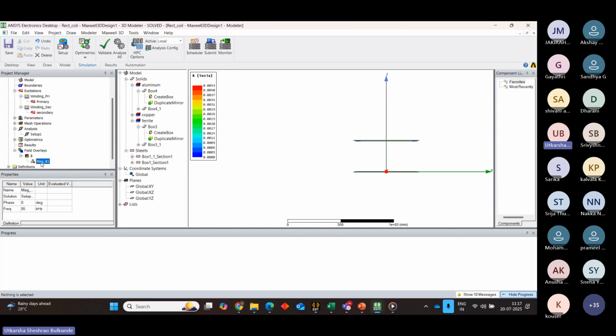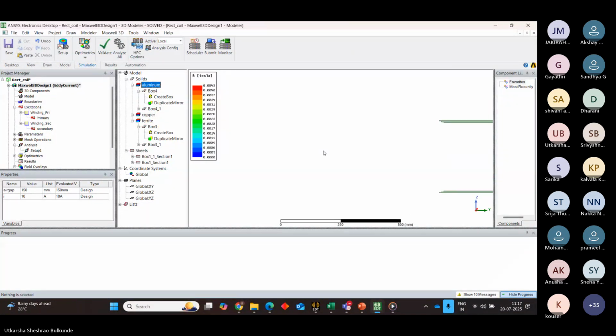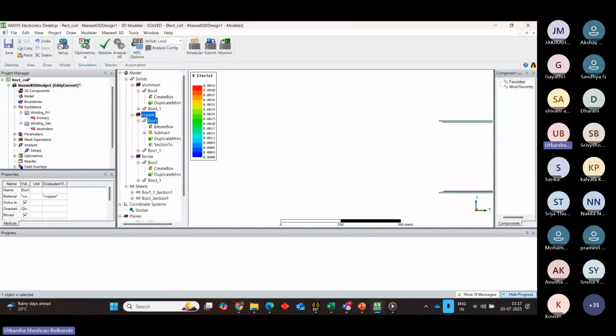Field is also not showing. While simulating, I might have done something wrong. Okay, let me check. Have you guys noticed it? What have I done wrong? Because I have to cross check it again.